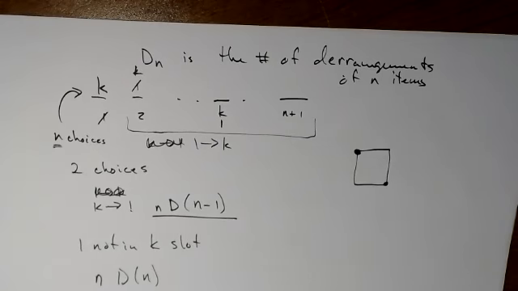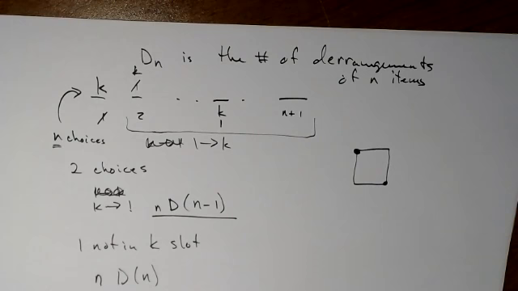And this is the whole reason. If you don't have that, we can write it as dn equals n minus 1 times dn minus 1 plus dn minus 2, I'm sorry, that'd be minus 2. It's the same.